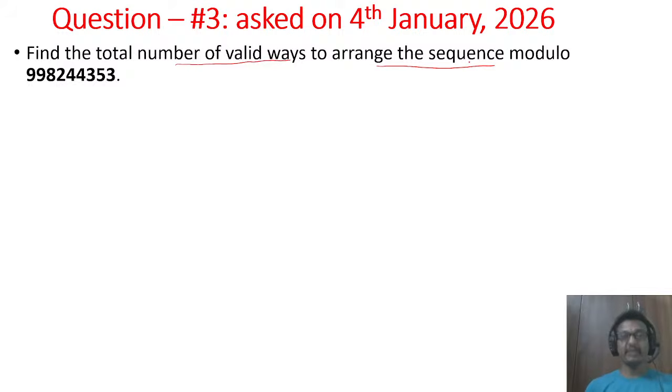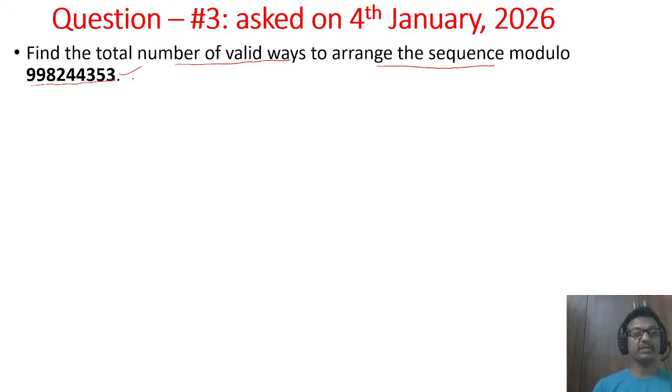Here the sequence can be anything, a list, an array or a string. Modulo followed by this number. Why is this given? Generally this is a large prime number. That means the final answer should be returned after taking modulo with this number, so that it avoids integer overflow for large values.